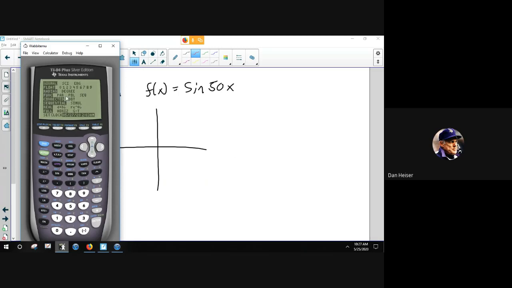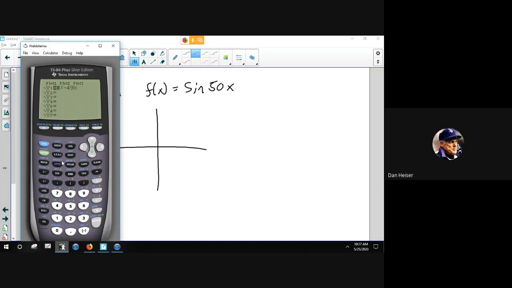Your days of using degrees for trig functions are pretty much over unless you are dealing specifically with a triangle. And even then, it's going to be to your benefit to switch those degrees into radians most of the time. We need to be in radians when we deal with trig functions. So set your calculator to radians.